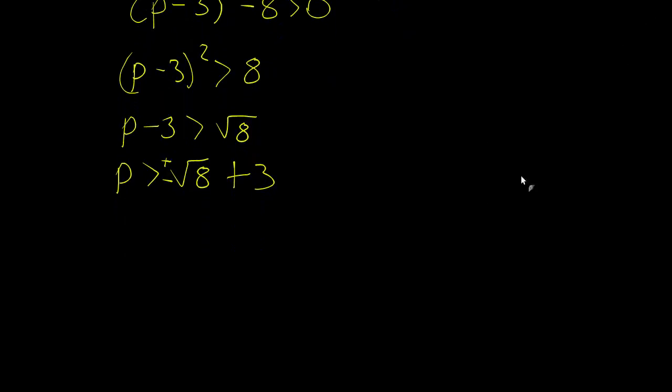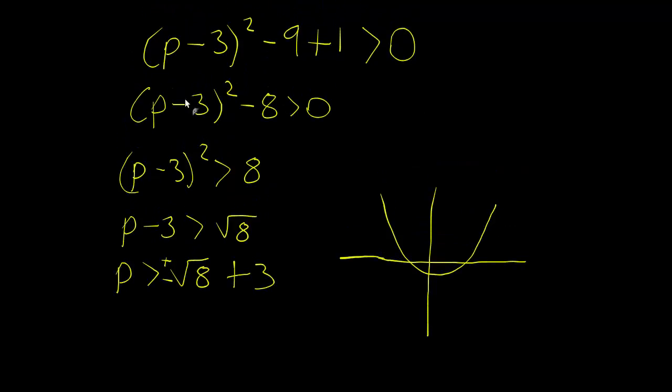That's not quite going to be enough for the answer though. Whenever we're trying to solve an inequality, we need to draw a little sketch to help us. If we go back up to here, we're looking for the bit where it's greater than 0.